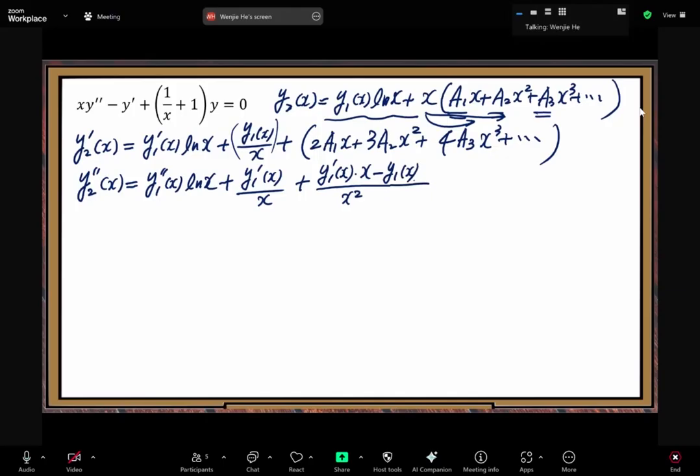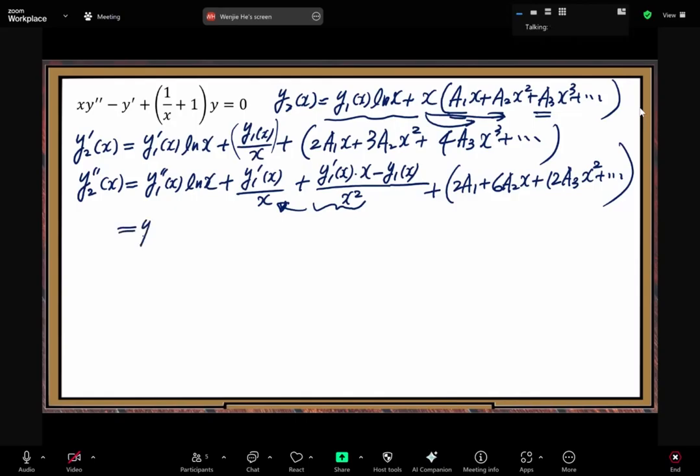But the first term in this fraction is the same as this term, so we can combine. Not too bad. Then inside the parenthesis: 2 capital A1 plus 6 capital A2 x plus 12 capital A3 x squared. Let me write one more step before I do the multiplication.